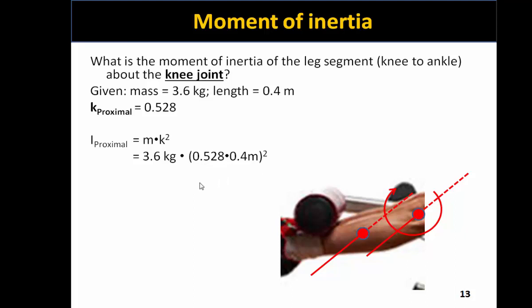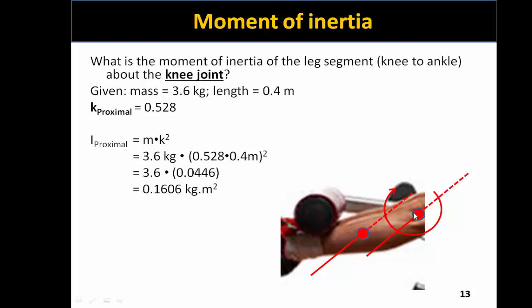Of course, it's going to be squared, and we work through the math, and we find a much higher value for the resistance to rotation if we're rotating about the knee joint, at 0.1606. So a full order of magnitude greater than we would have faced if we attempted to rotate the leg about the center of mass.